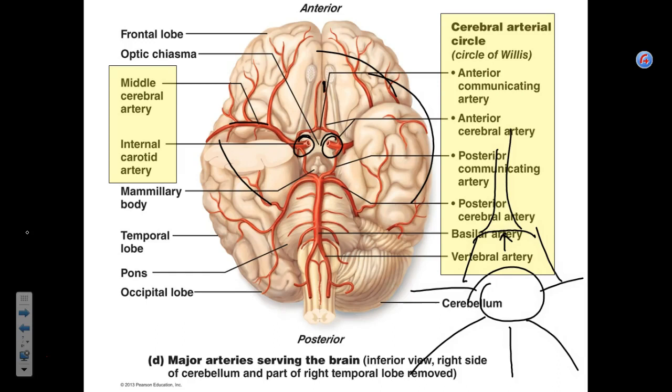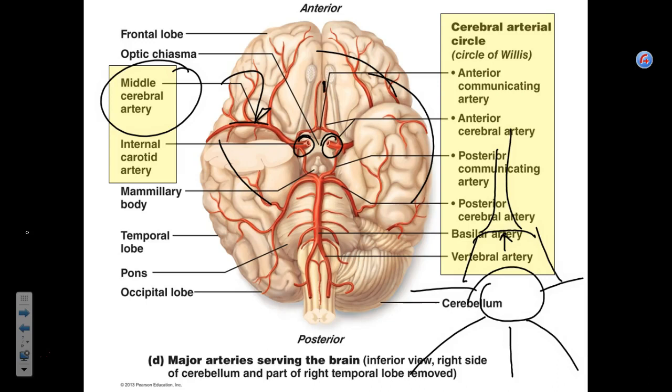Probably one of the reasons is that the internal carotid artery is large enough to let the clot through. But when it gets to the MCA, it gets stuck. And that affects the motor cortices of the frontal lobe. It may affect sensory cortices in the parietal lobe. It may affect auditory cortices in the temporal lobe.